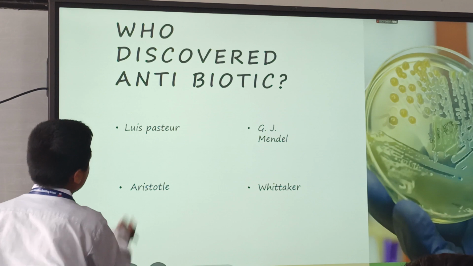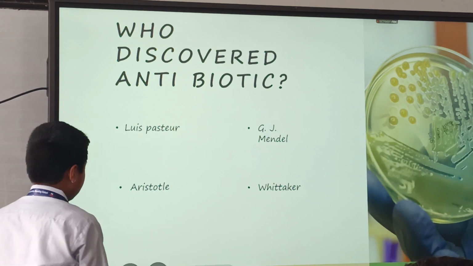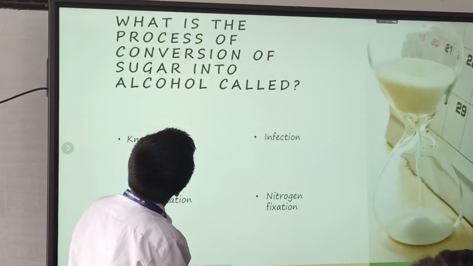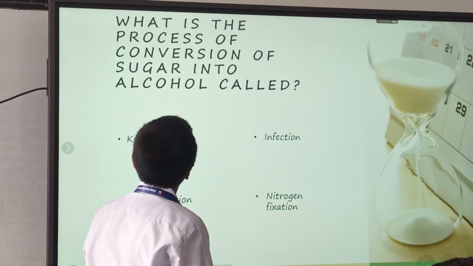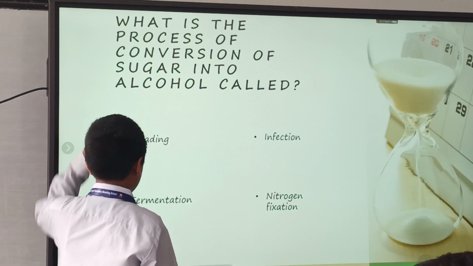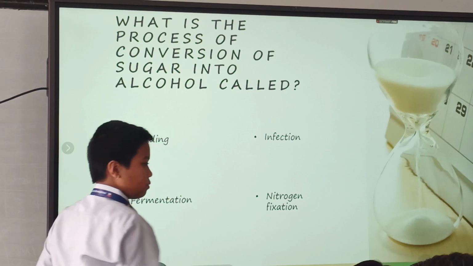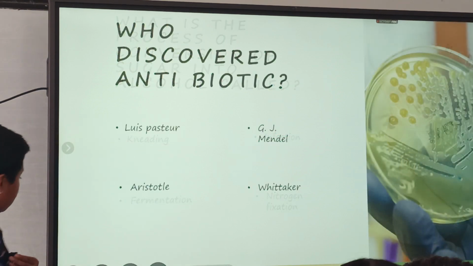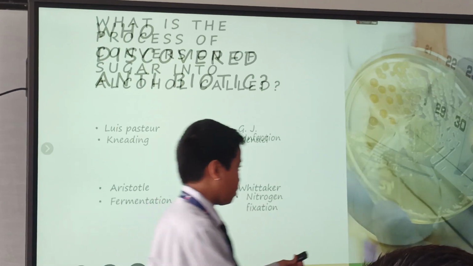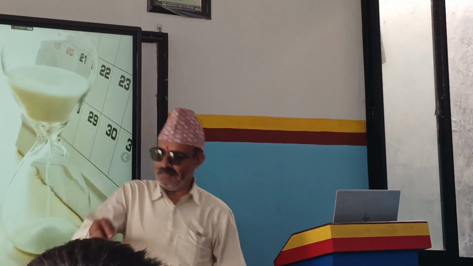Louis Pasteur. What is the process of conversion of sugar into alcohol called? Yes, it is right. Fermentation is the correct answer. Thank you.